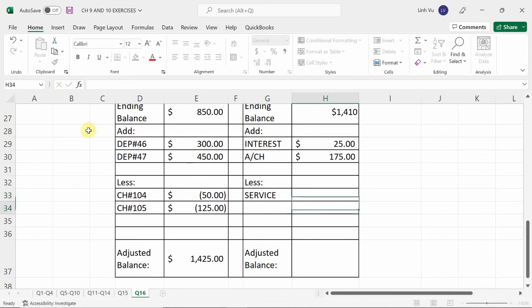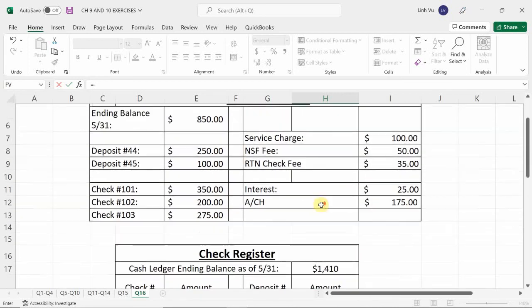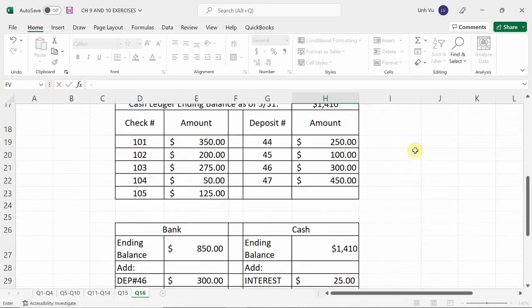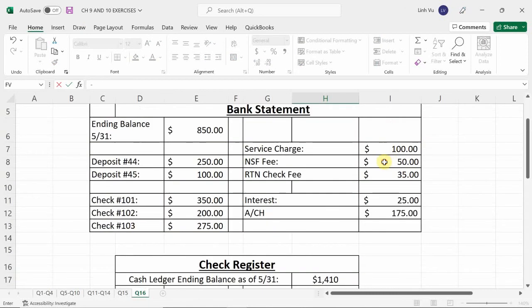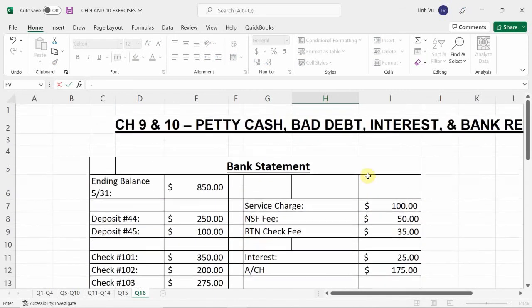We do service fees, then NSF fees, then return check fee. So a check we entered in bounced. So we got $100 worth of service fees, NSF for 50, and return check for 35.